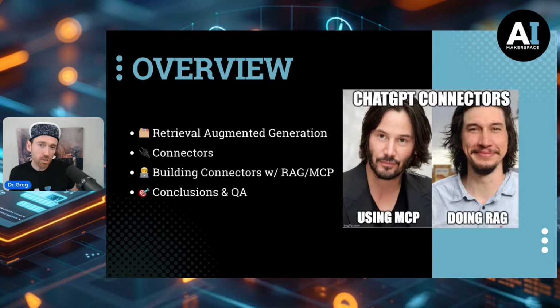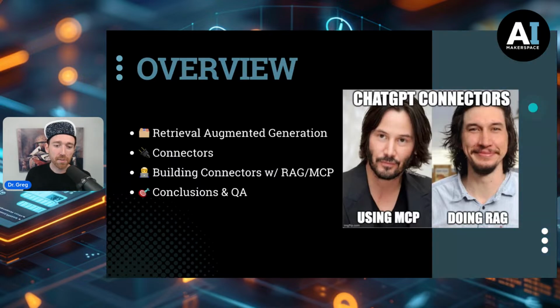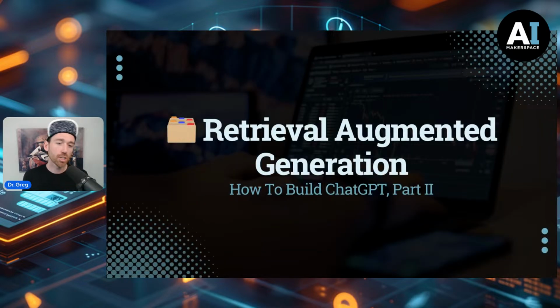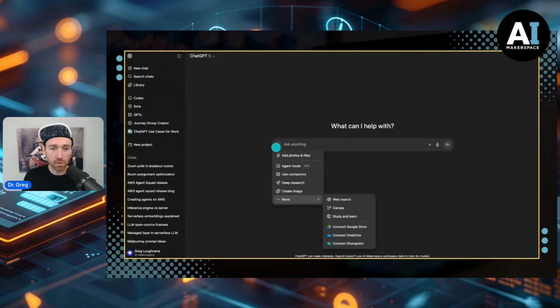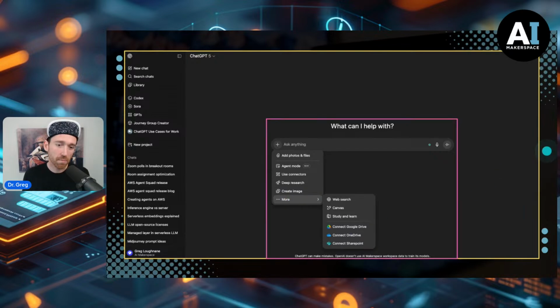So just to remind everybody what we're doing here, we're building ChatGPT step by step. If we go to the ChatGPT interface, we're going to be able to see a lot of different things that we can do. Today, we're going to focus on what happens when you click this little plus. You can look down at some of these connections that we can make.